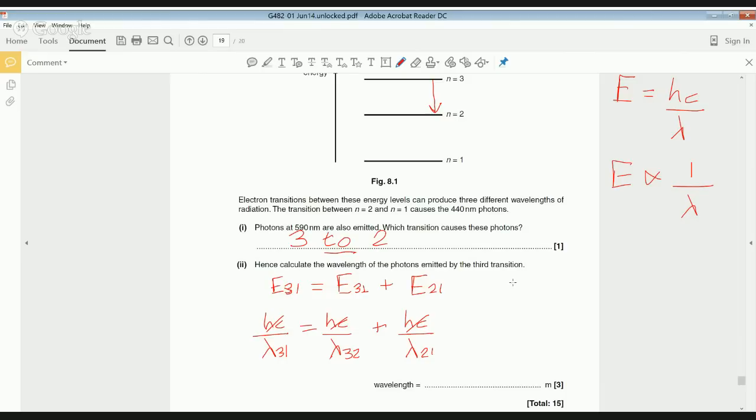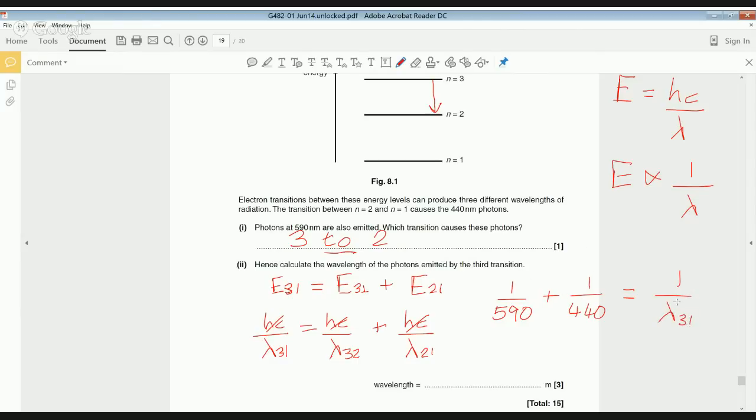So 1 over 590 nanometers. We can actually leave it as nanometers here and convert it at the end. 1 over 590 nanometers plus 1 over 440 nanometers equals 1 over lambda 3 to 1, which is what we're interested in.